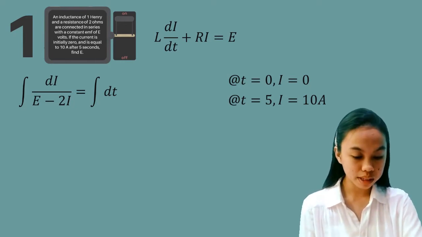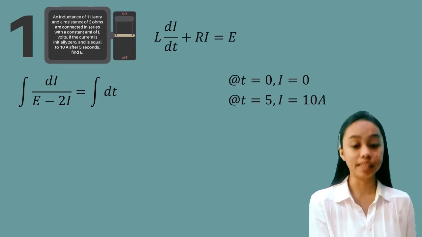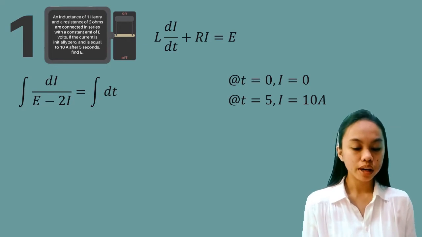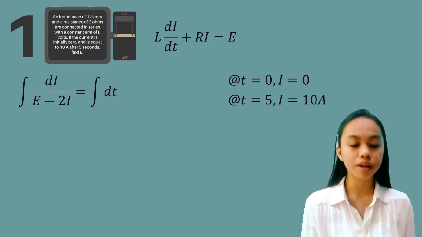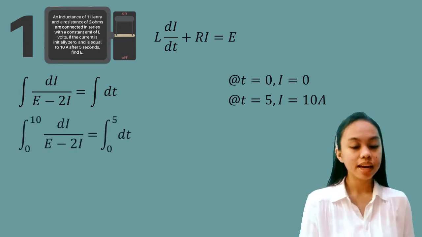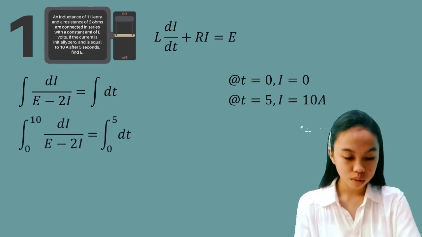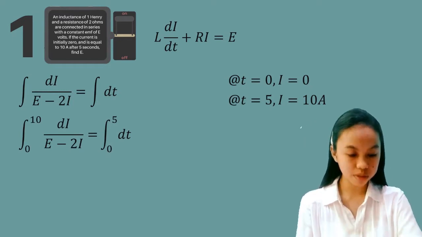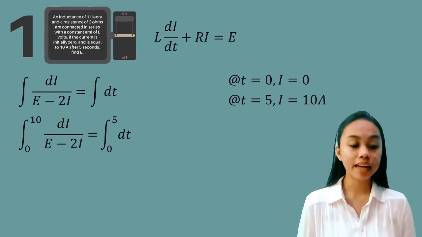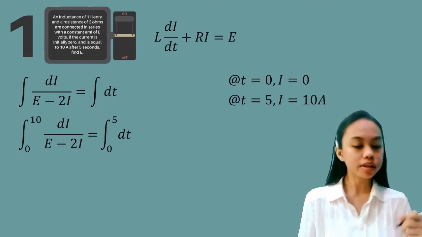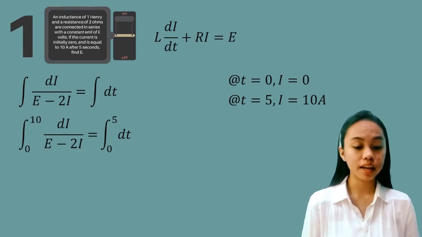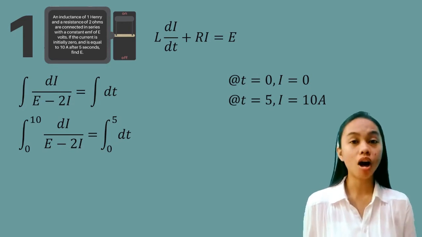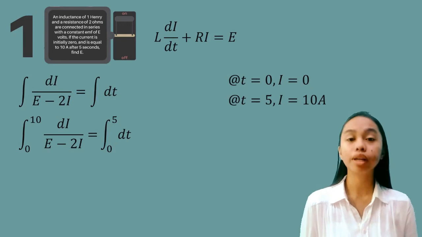At t = 0, the current is 0, so we put 0 as the lower limit for the integral of di/(E - 2I), since this is in terms of I. At t = 5, I = 10 amperes. As you observe, our first conditions are our lower limits, and our second conditions are our upper limits.